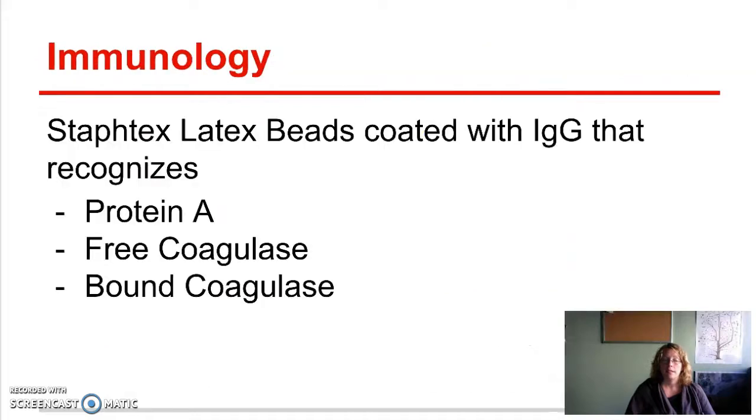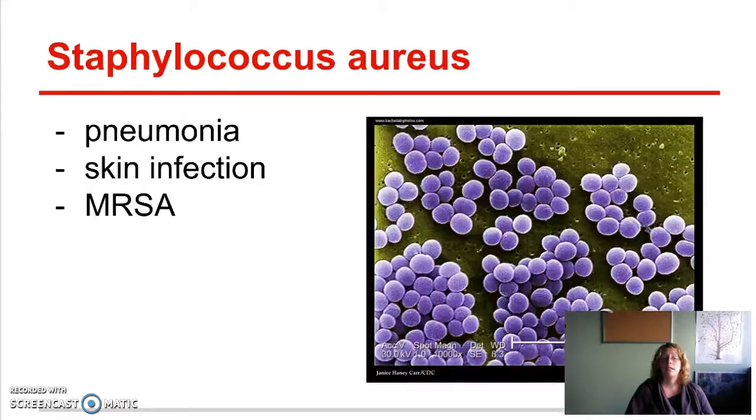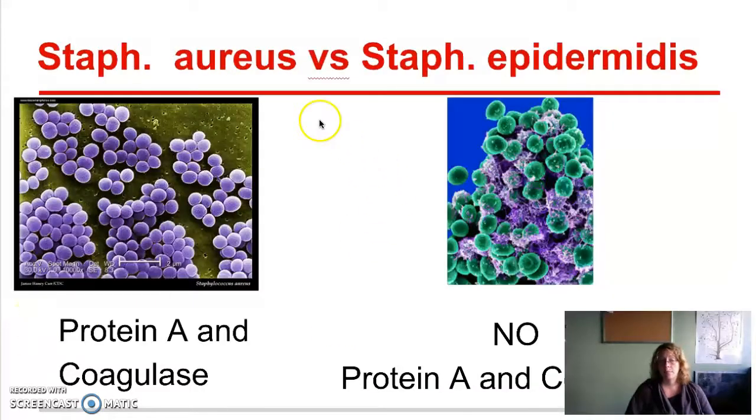That's just going over the Staph-Tex activity again. The Staph-Tex latex beads are coated with antibodies that recognize protein A, free coagulase, and bound coagulase. If you mix the Staph-Tex beads with Staphylococcus aureus, we're going to see clumping.